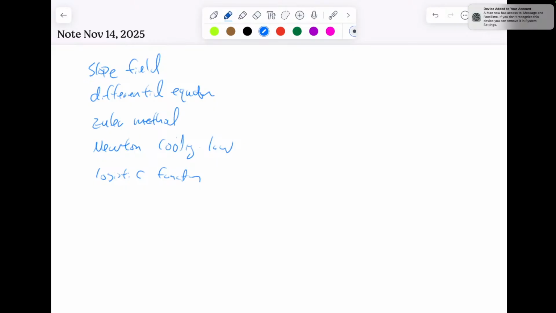So we're gonna talk about Newton's cooling law, which is dy/dt equal to k times y minus the room temperature. We already did that, so this one we should know.